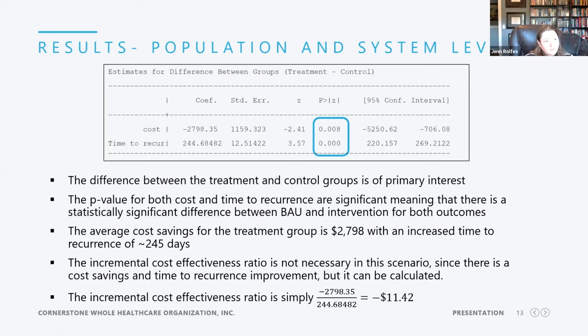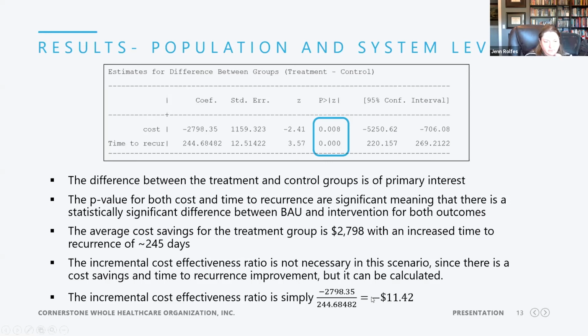So we've given them 8 months of relief and saved the system $2,800 on average per patient. And so the incremental cost effectiveness ratio isn't super meaningful in this case, but essentially we saved the system $11 per day per patient. So it's really just savings over days impacted.